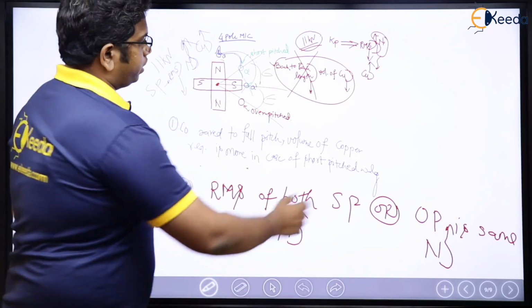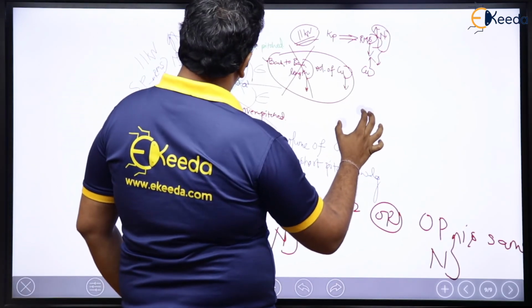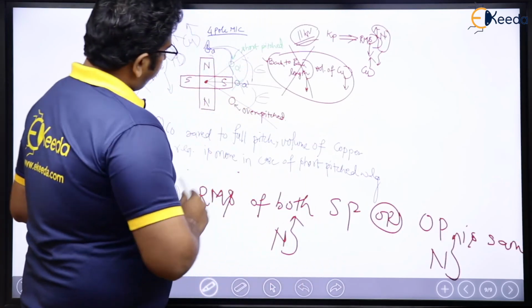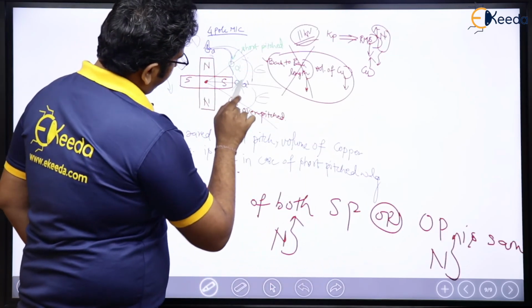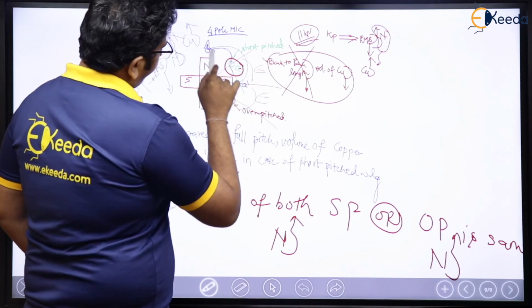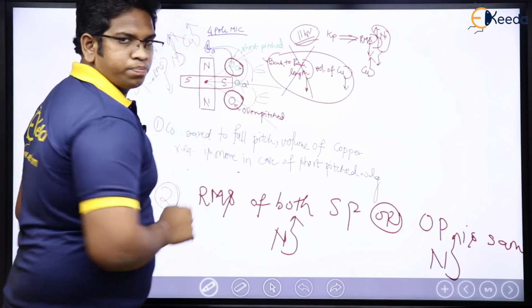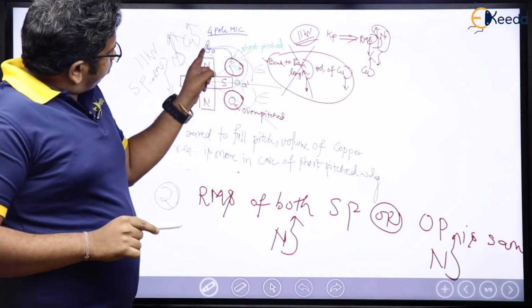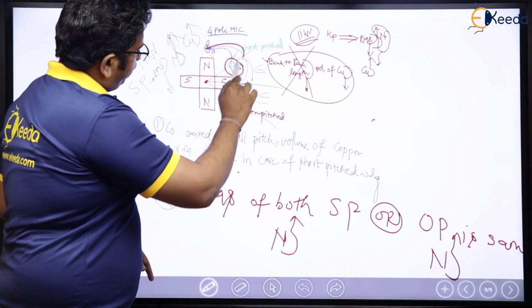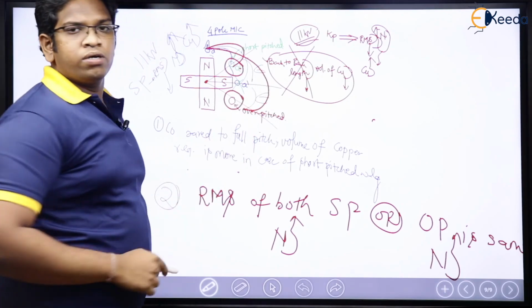But then here comes the picture of active length. If you think of the active length between A and A dash, and if you think of the back-to-back length, the back-to-back length for short pitch is going to be less, and the back-to-back length for over pitch is going to be more.